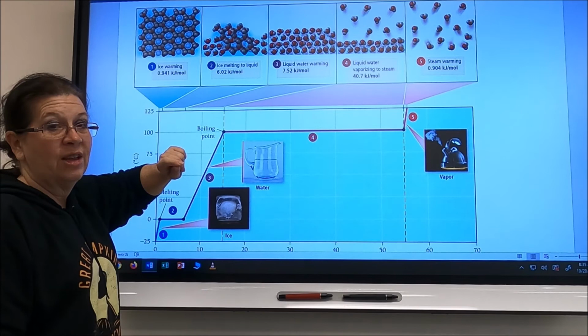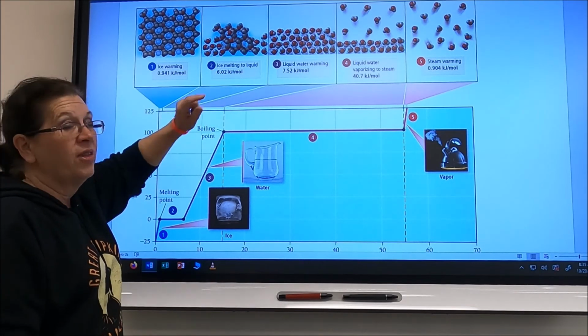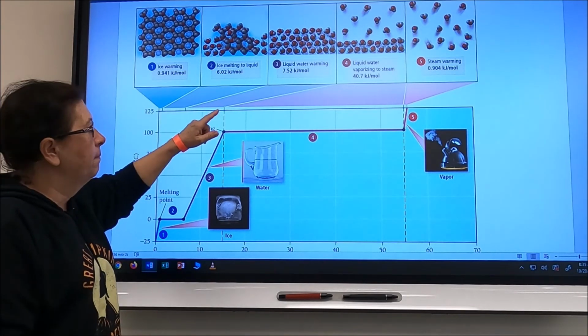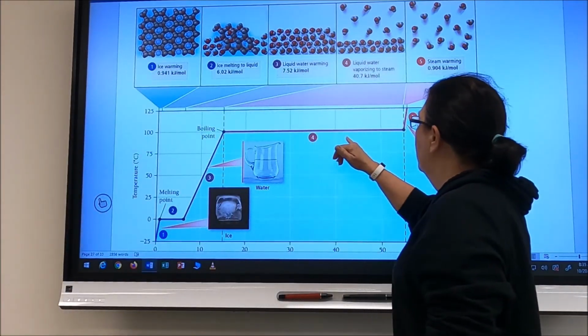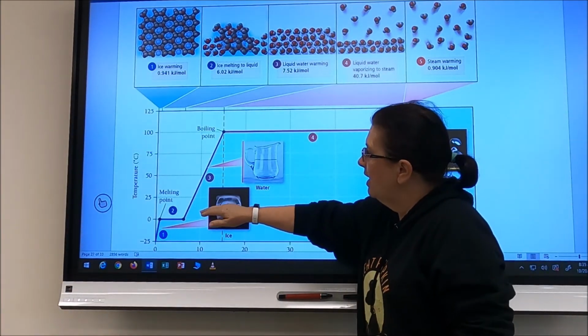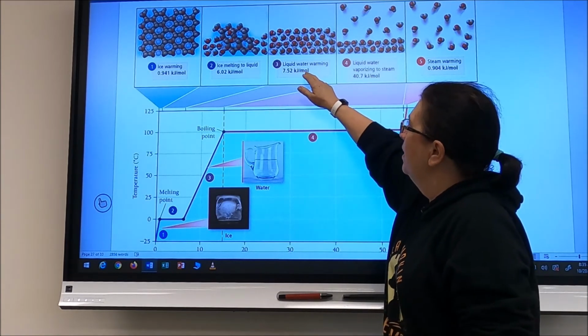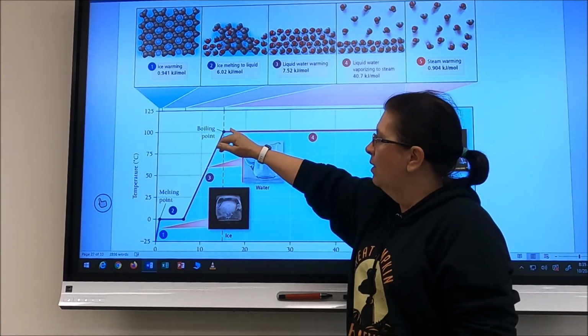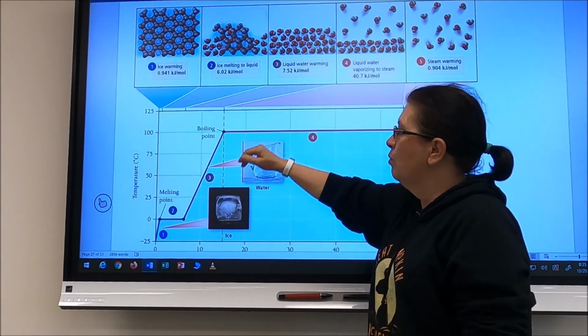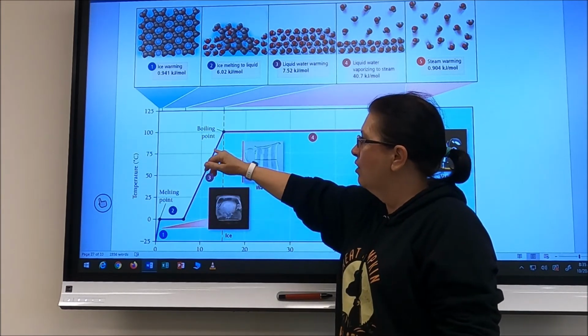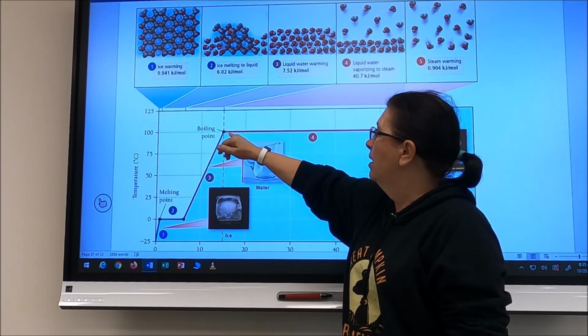The potential energy of the system increases while the kinetic energy stays the same. In part 3, notice that the temperature rises again. That's because everything's now in the liquid phase and the energy going in is going to make the particles move faster. So we have an increase in kinetic energy.